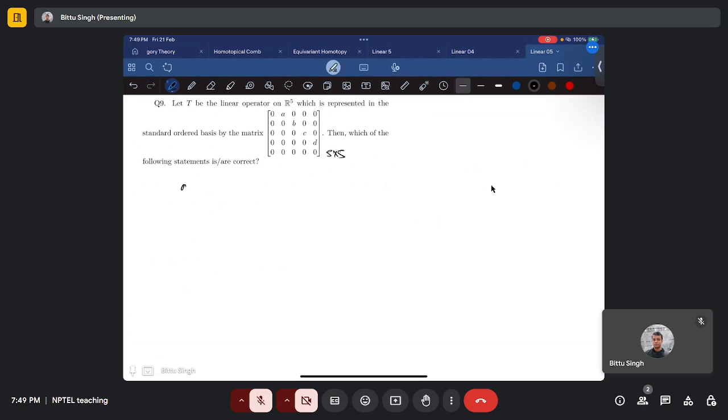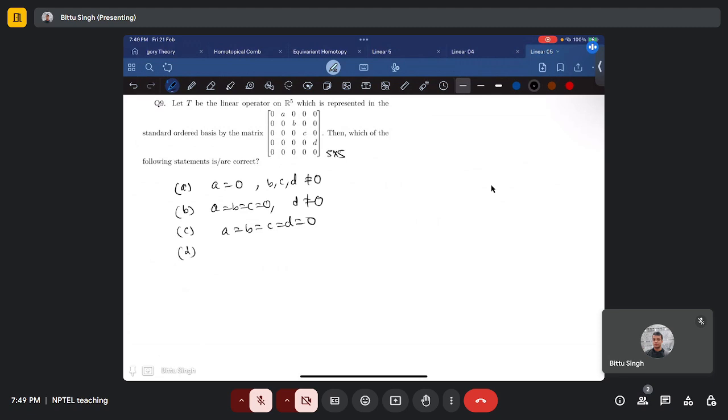The first option was option A: A equal to 0 and B, C, D non-zero. Option B: A, B, C are 0, D is non-zero. Option C: A, B, C, D are all 0.